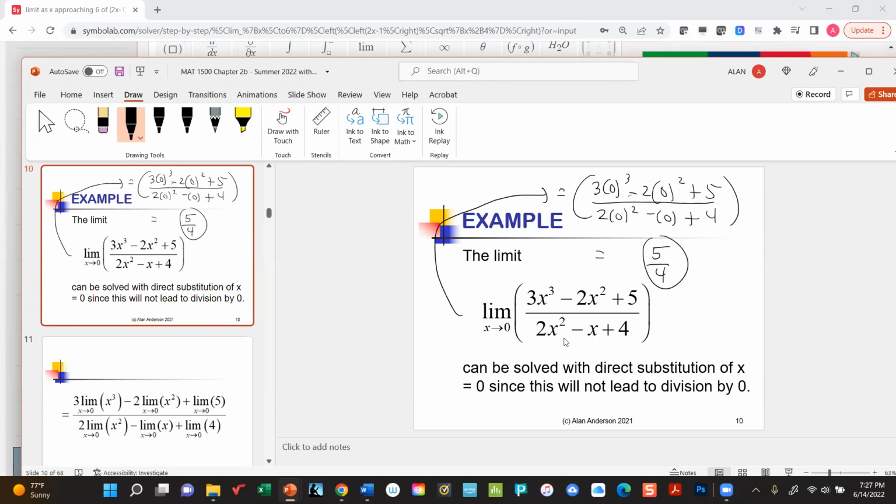So I'll tell you what, let's check this out with Symbolab. There's got to be some value, though, that could cause division by 0. It's just not 0. So let's take a look at this. What do we have here?